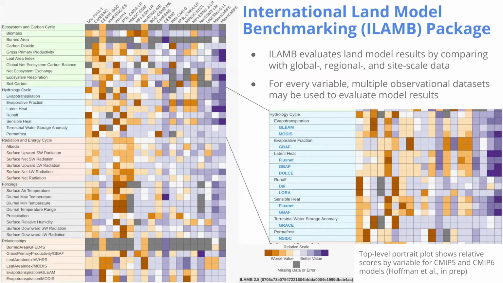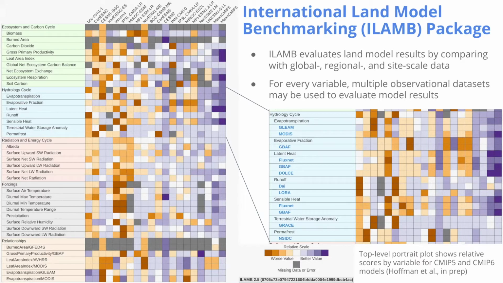We run this big suite of analyses across all of these models, and then we can look at their relative performance. An interesting thing coming out of this effort right now is that you'll see more brown colors on the left and more blue colors on the right, because the left-hand models are older generation models from the CMIP-5 activity, and the models on the right are newer models from the CMIP-6 activity.